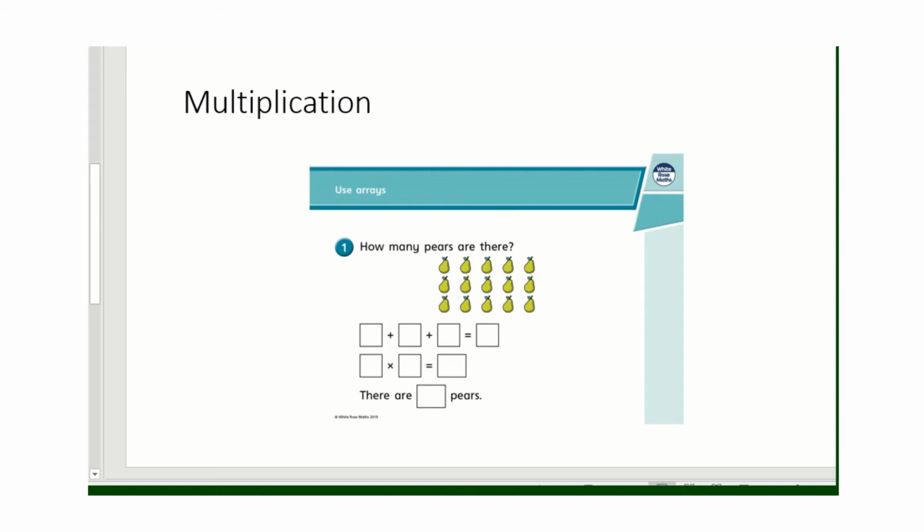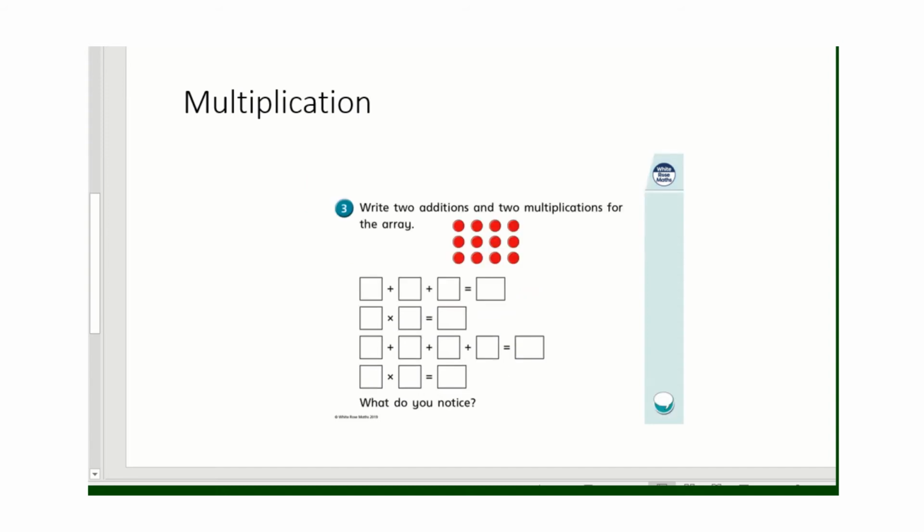Oh, have I done the same slide, look? Never mind. Let's have a look at this one, look. Let's write 2 additions and 2 multiplications for this array. You could write 4, add 4, add 4, and that would make 12.